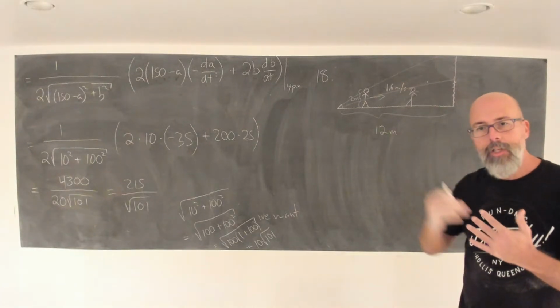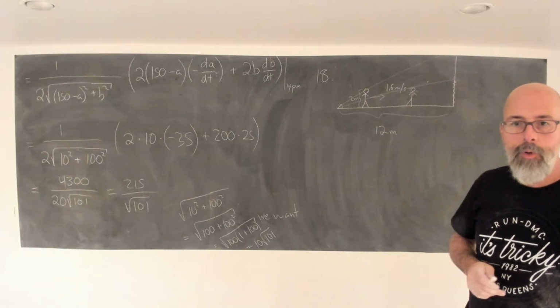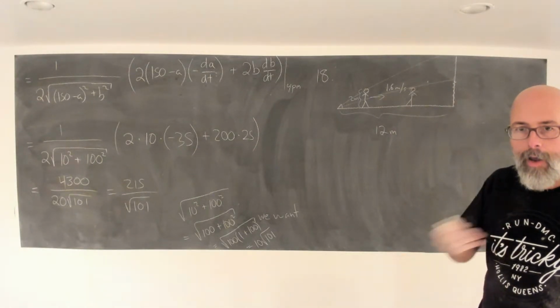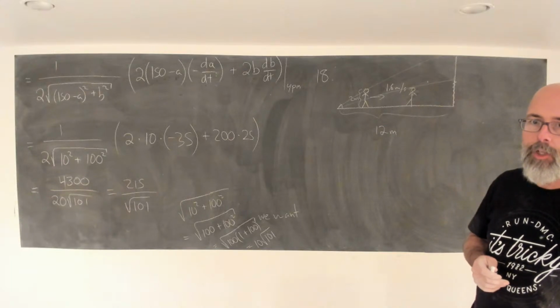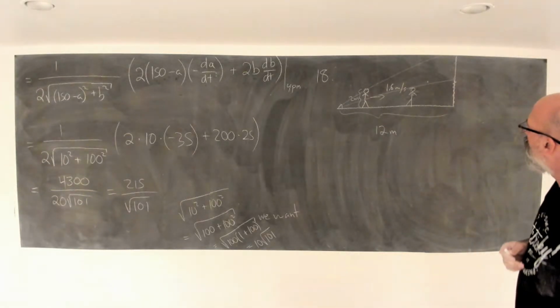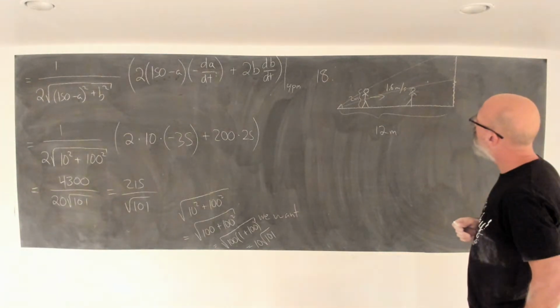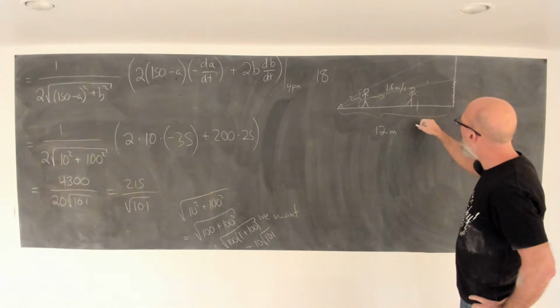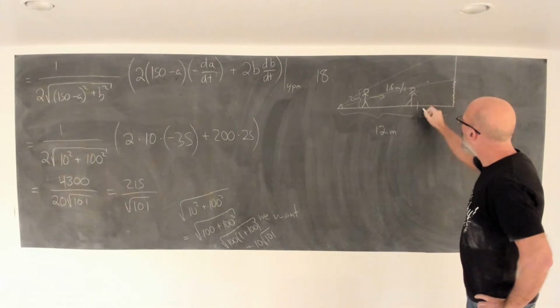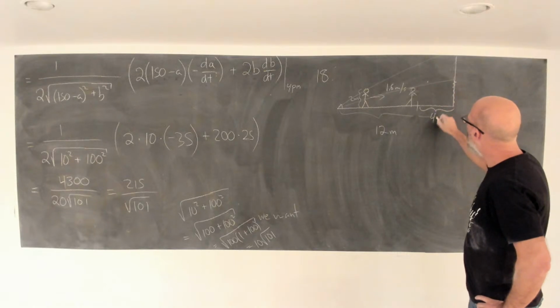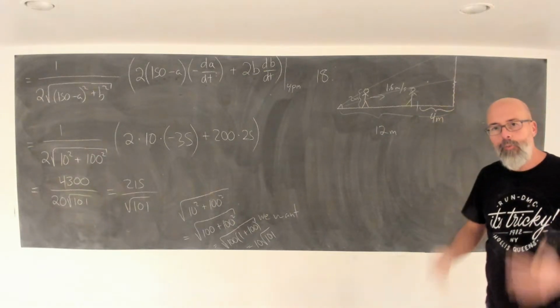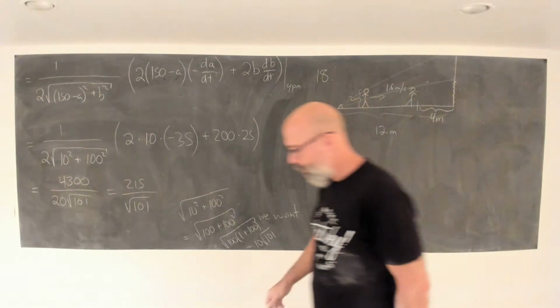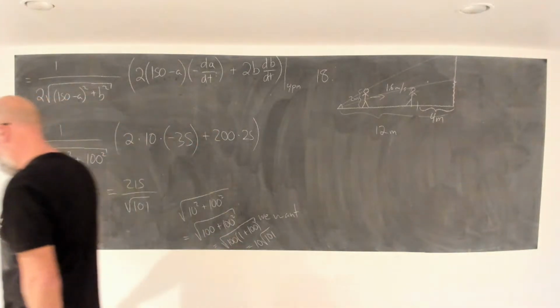So the shadow is decreasing at some rate. How fast is the shadow decreasing when the guy is 4 meters away? So at the exact moment the person is 4 meters away from the wall.